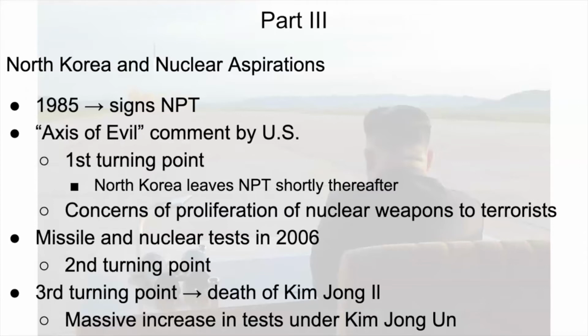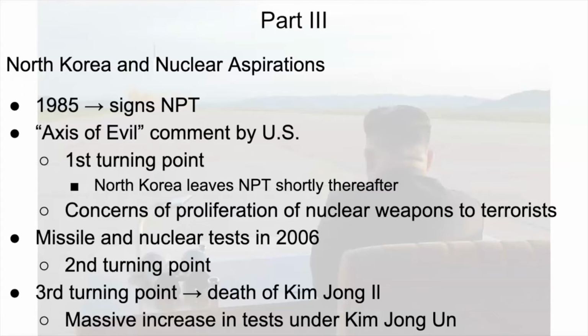In 2002, George W. Bush makes the axis of evil comment. He's referring to countries that have maybe nuclear ambitions and the wrong type of nuclear ambitions they shouldn't have. So those three countries are Iran, Iraq, and North Korea.